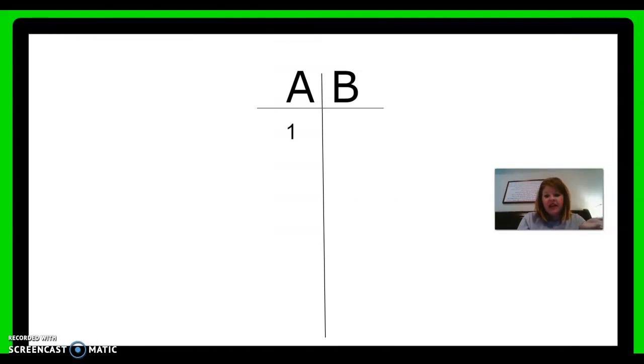All right, if A is 1, B is 2. If A is 2, B is 4. So what we've done here, we have to figure out how did we get from 1 to 2 and from 2 to 4. If A is 3, B is what? 6.